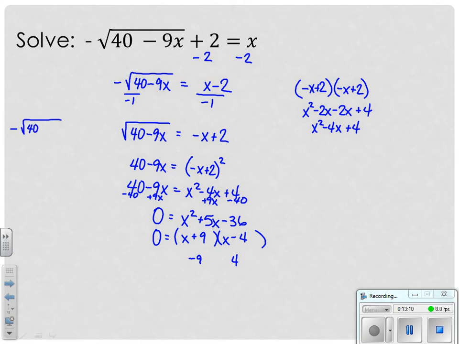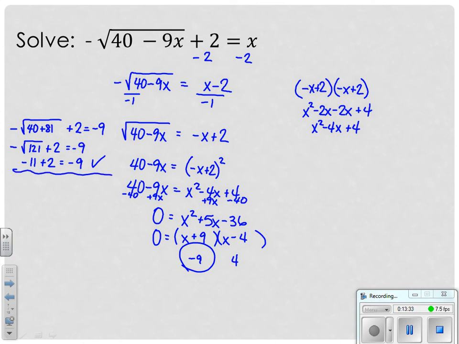Okay, so that'd be plus 81. Add 2 equal to negative 9. Okay, so a negative square root of 121 plus 2, negative 11 plus 2 equal to negative 9? Sure it is. Negative 9 works.